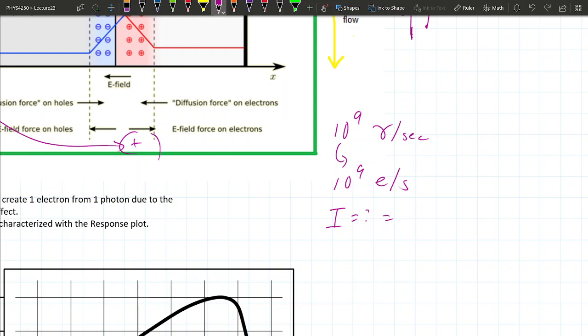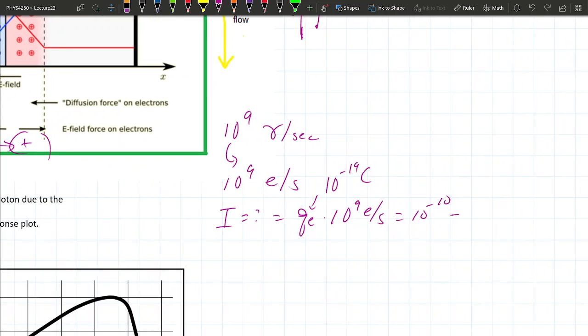Right, because the charge of an electron is 10 to the minus 19 coulomb, right? So the current is going to be that times 10 to the 9 electrons per second. You're going to get something on the order of 10 to the minus 10 coulomb per second, 0.1 nano amps, right? Nanoamps are a little bit hard to see.